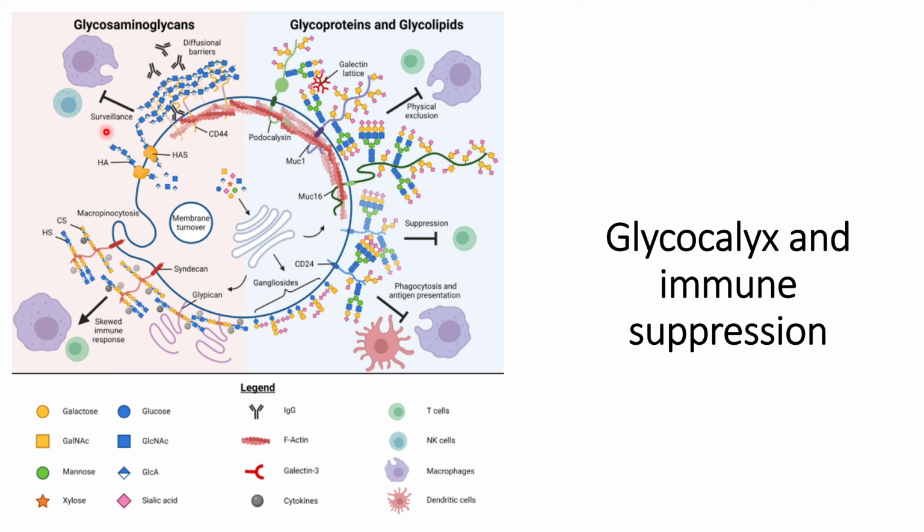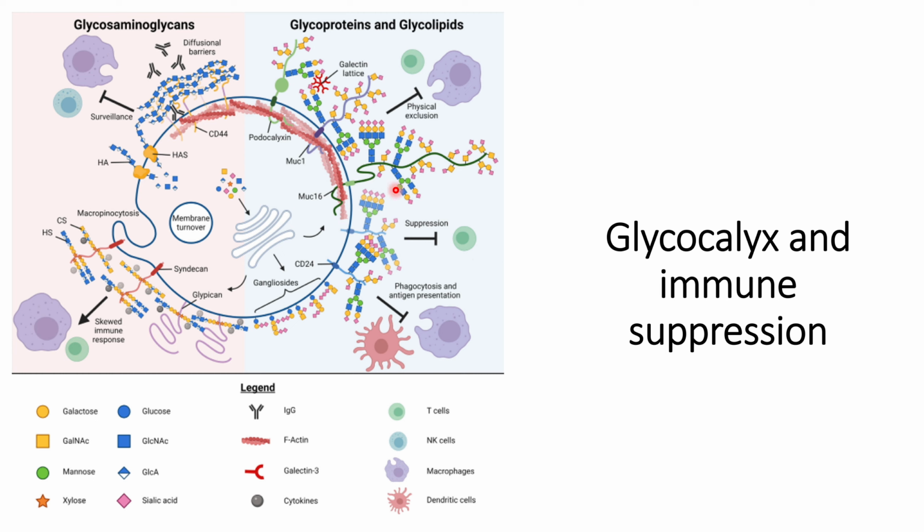The next thing mentioned here is that it will also cause T cell suppression. Here the suppression is by NK cells, and here it is by physical exclusion of T cells and macrophages. The T cells alone will not be able to distinguish the mutated tumor cells from the healthy cells, and thereby the T cells will not be activated in that case.